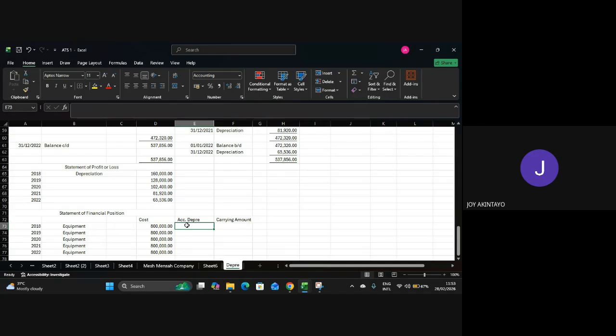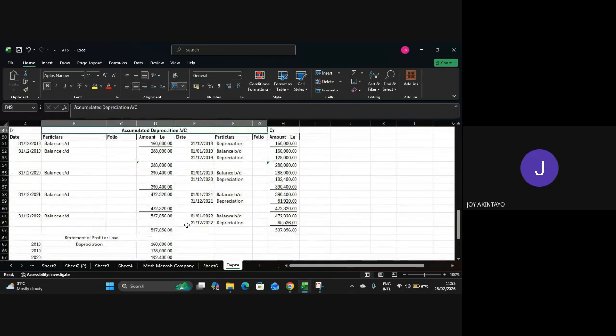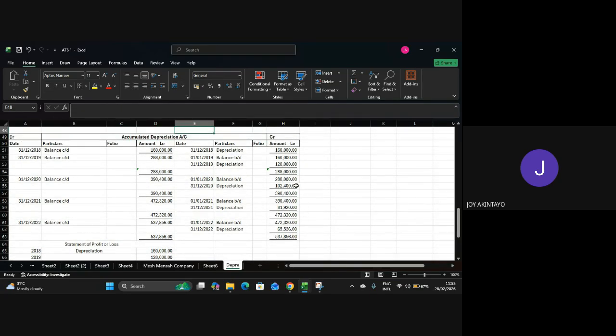The first year it will be 160. The second year, how much will our accumulated depreciation be? That will be 160 plus 128. That's 288.